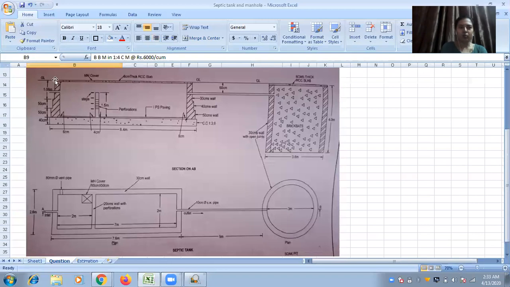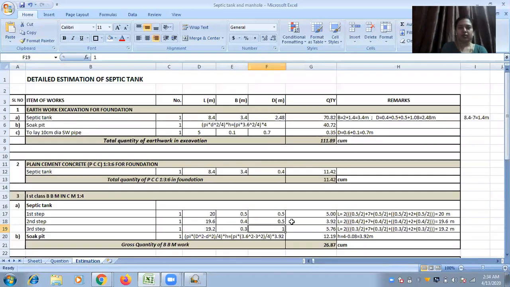Here it is 1.08, but you have to deduct the RCC slab thickness, that is 8 centimeter. 1.08 minus 0.08, so the depth will be only 1 meter, not 1.08. So we are done with the septic tank. First step, second step, third step, everything is over.